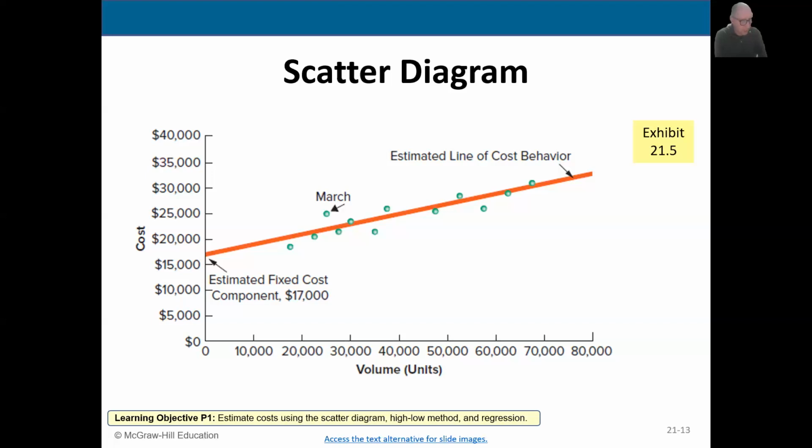It helps us to identify the correlation where it is best fit, closest to the points of data. It also helps us to estimate where costs are heading. Yeah, that's what this line does.